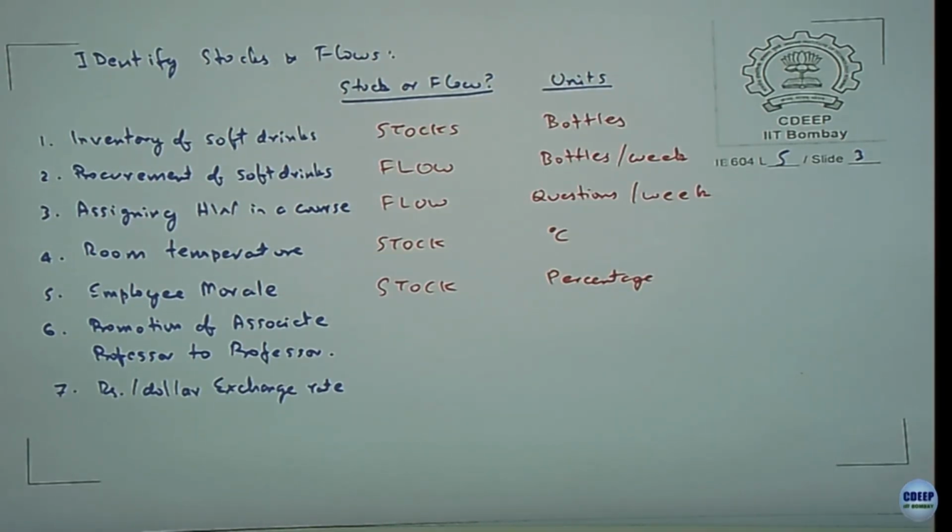We can assume that whenever morale is extremely high, we'll say okay, 100% is the morale. I'm just making the scale between 0 and 100.